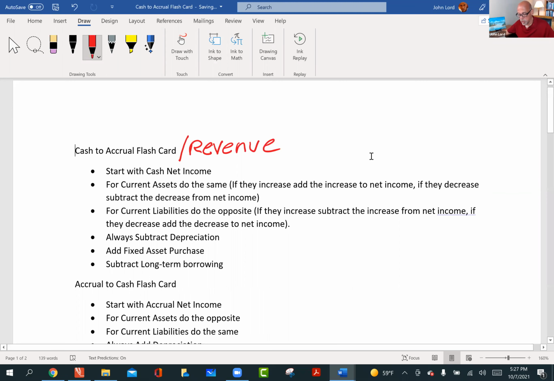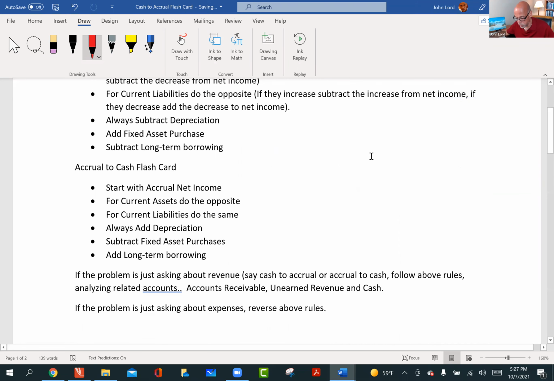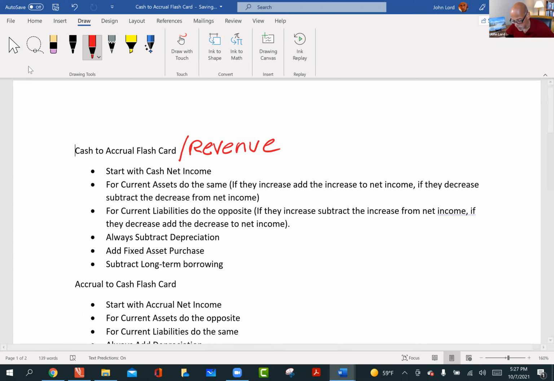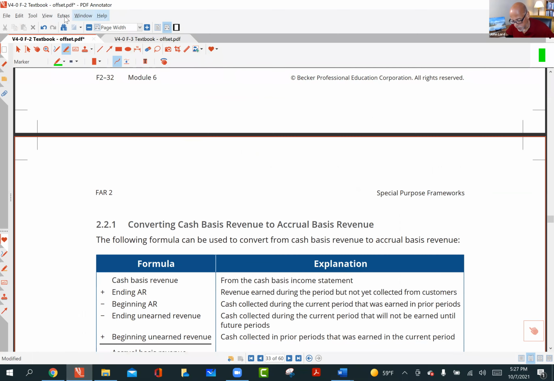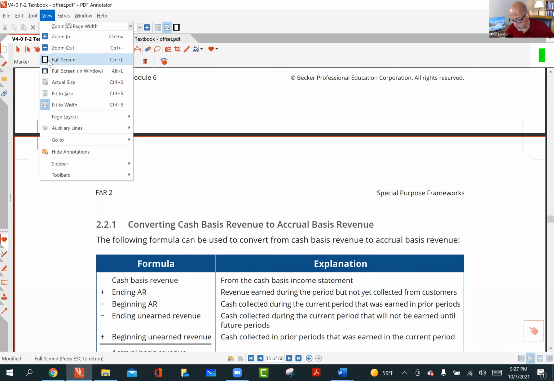Just to help us see how to apply this, I want to go back to the text for a second. Put me back into full screen.